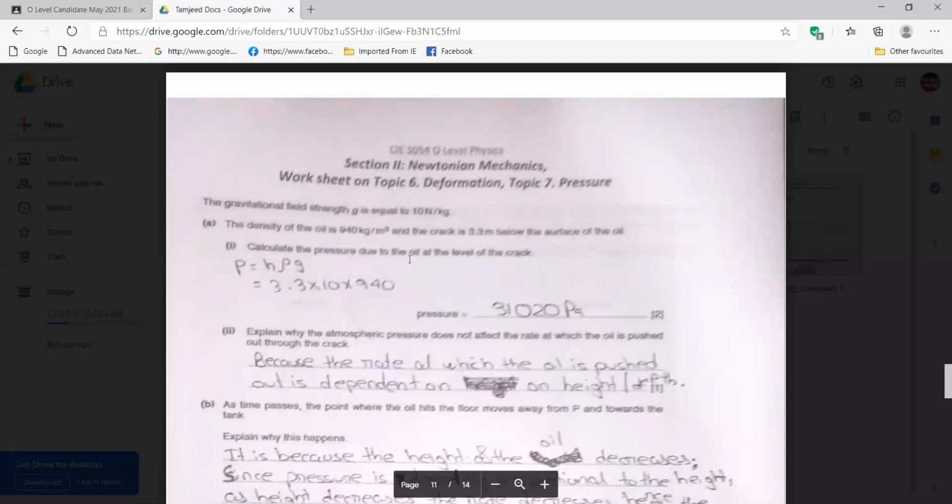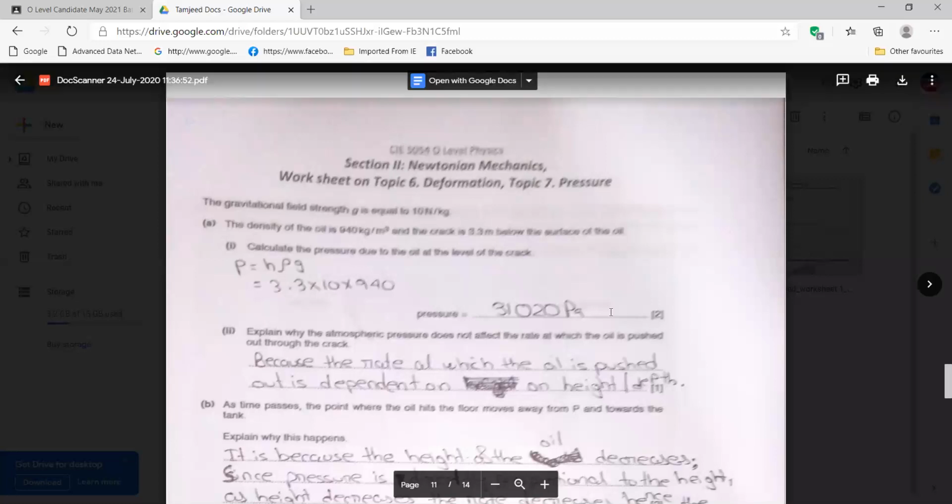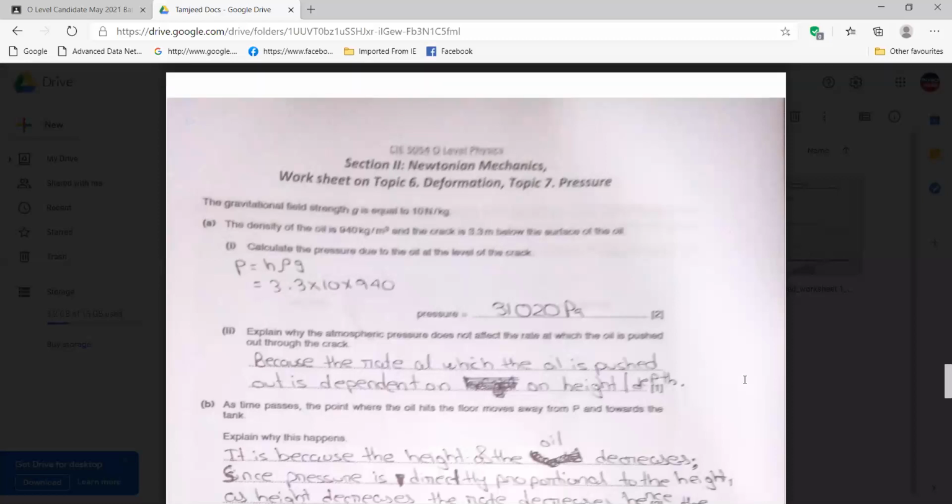So did you write it? Yes, I'm writing it with you. Please write, otherwise you'll forget. You cut it with pencil, then write beside. You have some space here. But sir, pressure is dependent on height, right?